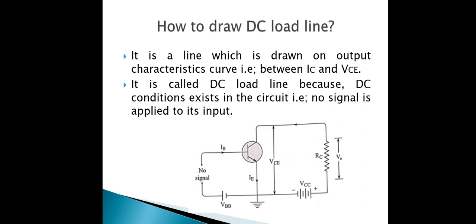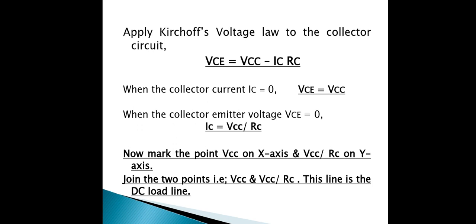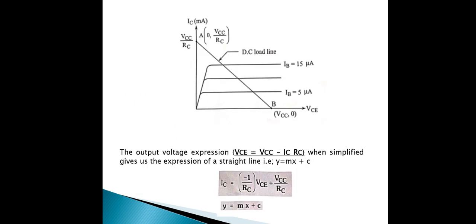When you consider this circuit, you obtain some output characteristics, which I have taken here. This is an output characteristic graph, with collector current IC on the y-axis and collector emitter voltage on the x-axis.